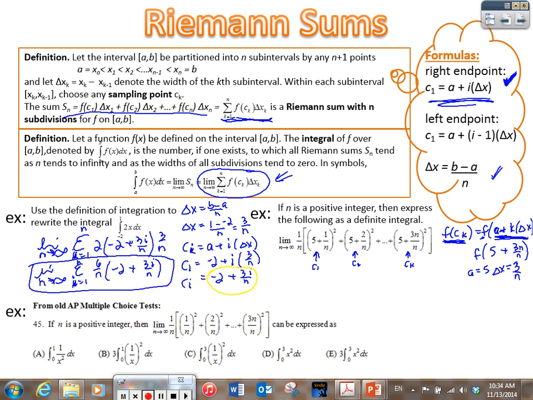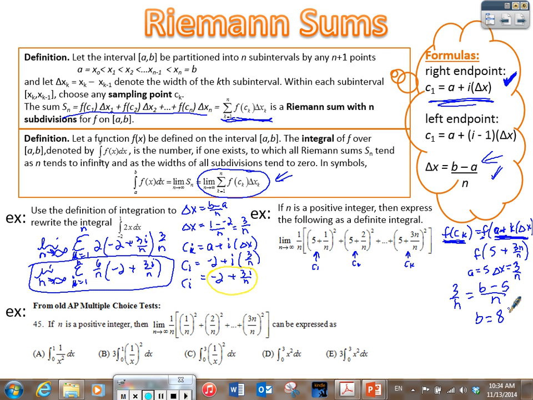You may have to go back and listen to this part of the video because I know it's real complex. So that's my a, that's my delta x. I have this formula right here that relates the a and the delta x. So 3 over n equals b minus 5 over n. What's my b? 8.